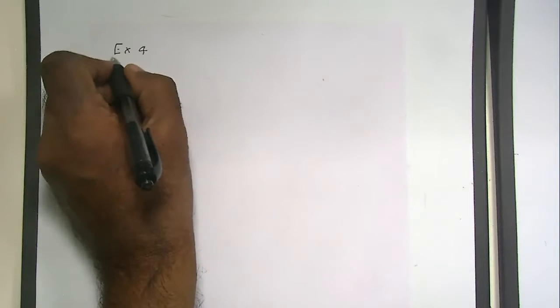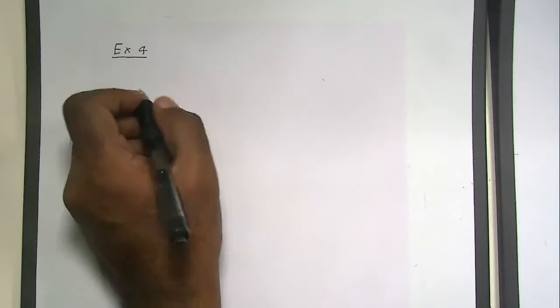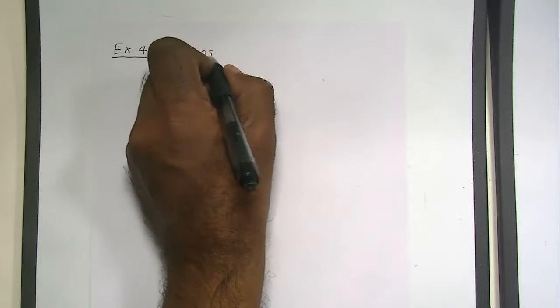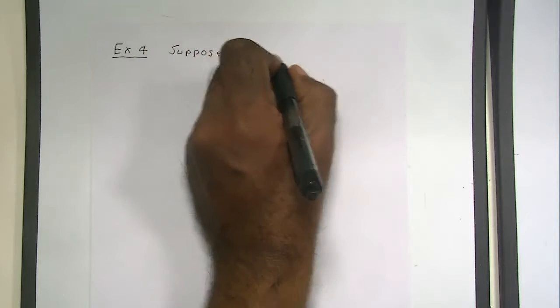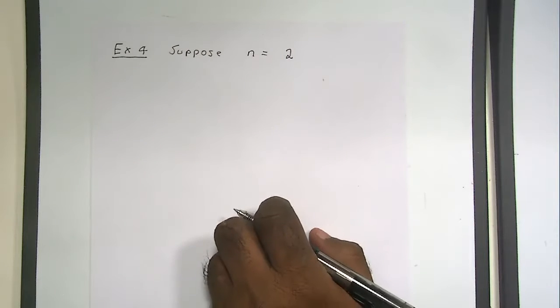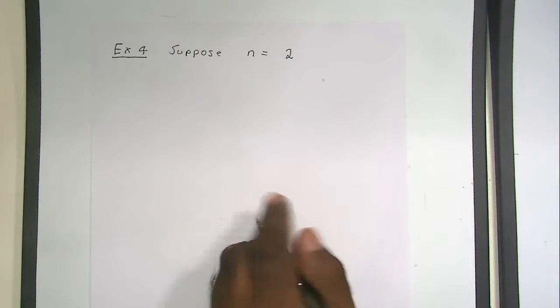I know we're running out of time, but I will try to do it as quickly as possible. So suppose this is example number 4. Suppose n is 2, that is, the number of investments is 2, right?